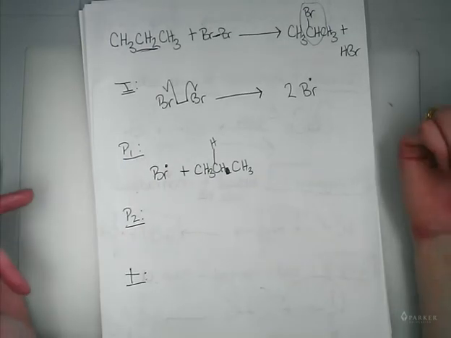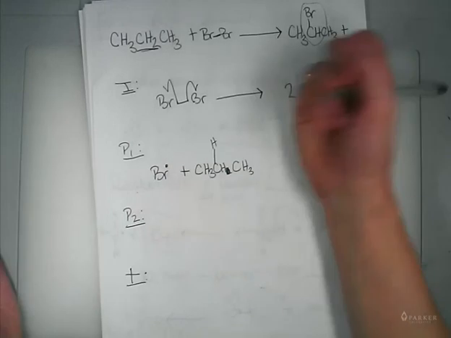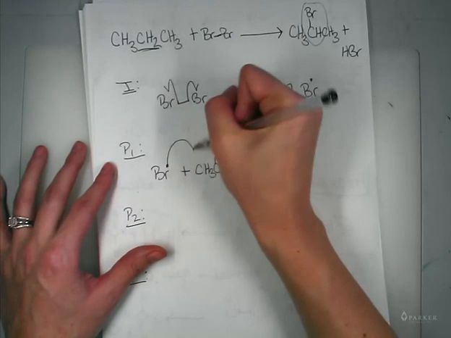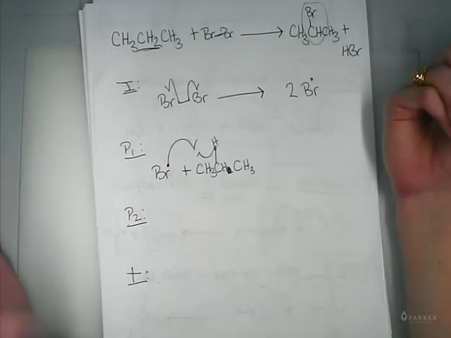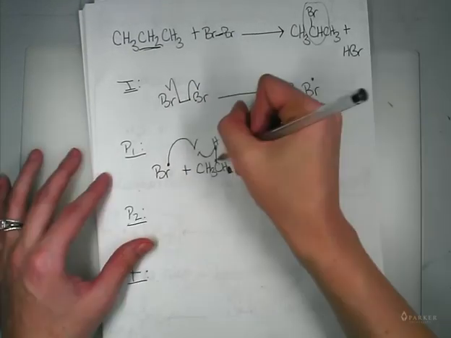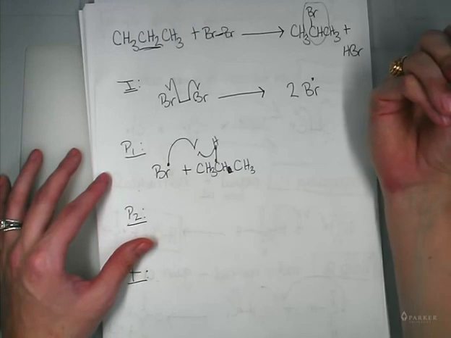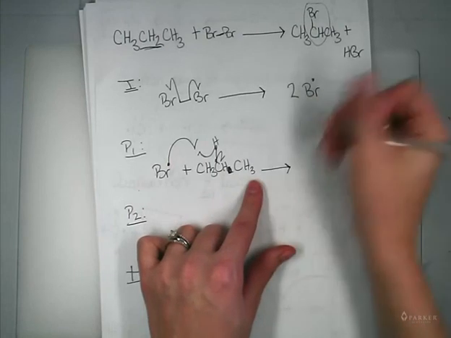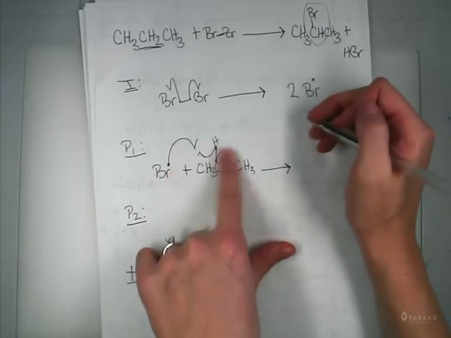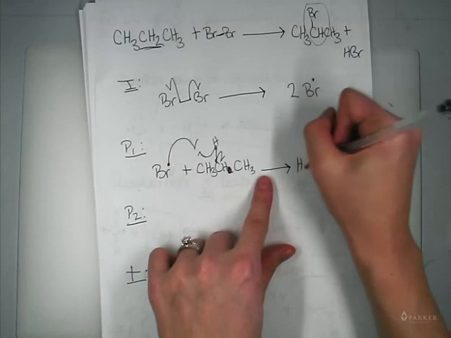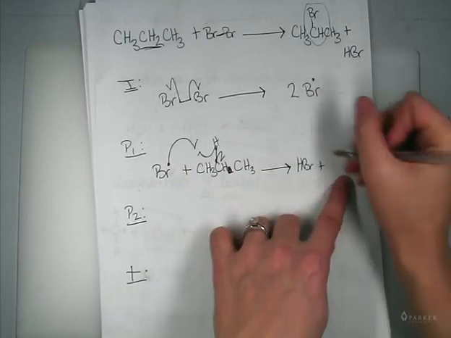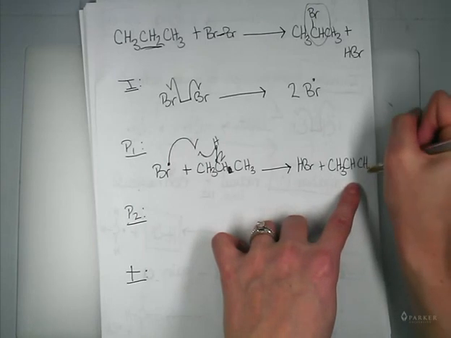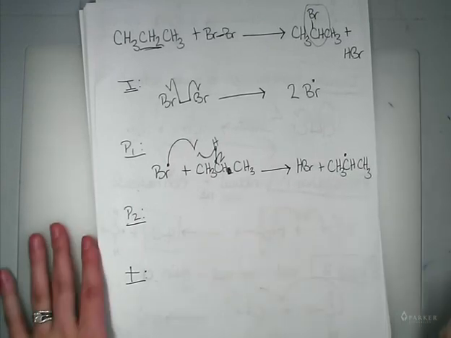Okay, what is bromine going to react with? Hydrogen, and that's why I wrote that as a bond. So those will react together, and then where will that electron stay? On carbon. So what did I form right here? HBr. And where is the radical located on here? Yeah, that's the central carbon there.